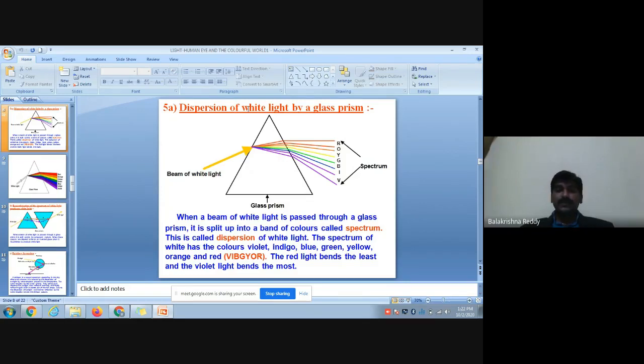Now, dispersion. In the previous video also we discussed it. Again, we will discuss it very clearly. Dispersion is a phenomenon of refraction of light when a white light ray passes through the prism: the light gets split into its constituent colors and emerges out away from the normal, nothing but towards the base of the prism it will bend.